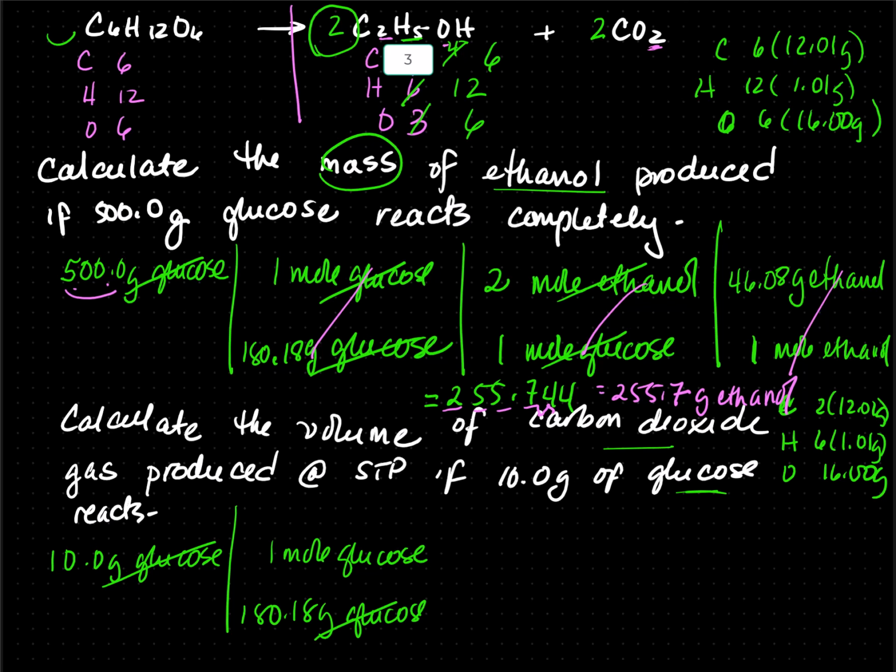Moles of glucose, diagonal units have to cancel out. We could go to moles of CO2 because we're at mole ratio, and that's the only time we can change elements and compounds. Now we need to find the coefficients: CO2 is 2, and the coefficient of glucose is 1. Diagonal units cancel out.